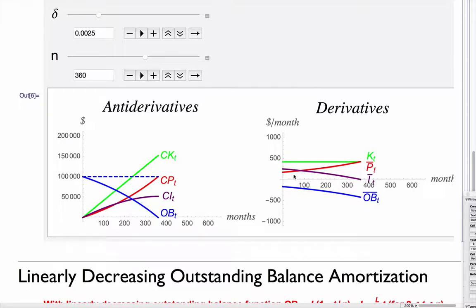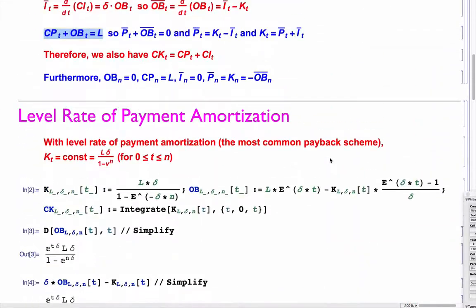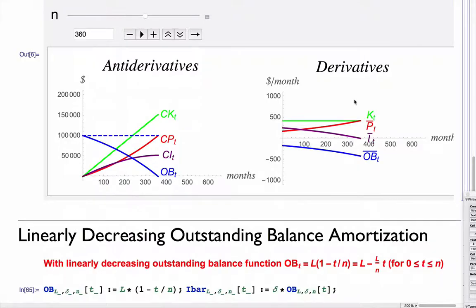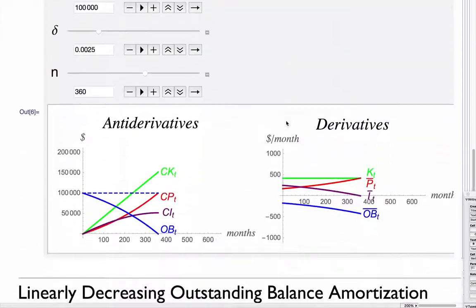Notice also that P bar heads up to kt by time n. The red plus purple here must equal the green in these derivatives. That's illustrating this equation right there for those derivatives. Okay, the fact that the purple and red add to the green here. That's what I highlighted there.